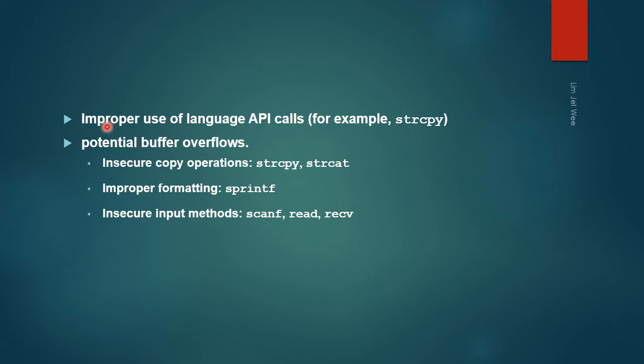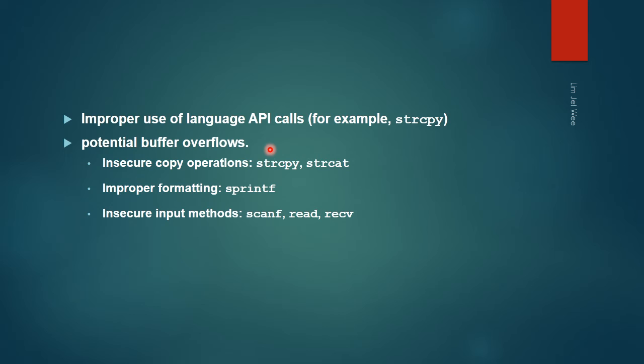For instance, improper use of API calls. Simple example, string copy. Yes, it's a useful function, but have you used it improperly, or did you not validate it properly, so that people can exploit it? Look at all potential buffer overflows, which are a problem in a lot of applications.